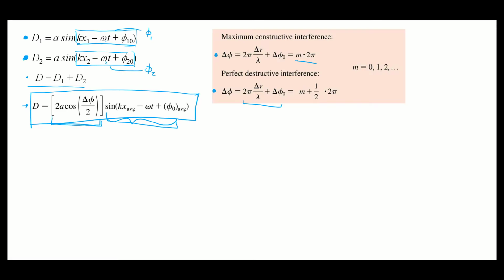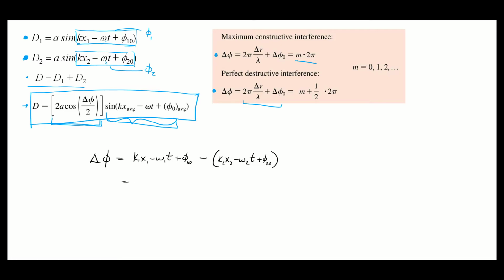But what's the difference now? The thing that's new, since the sources are operating at different frequencies, is that the phase difference is going to be K1 x1 minus omega 1 t plus the phase constant for that first source, minus the phase of the second source, K2 x2 minus omega 2 t plus the phase constant of the second source.